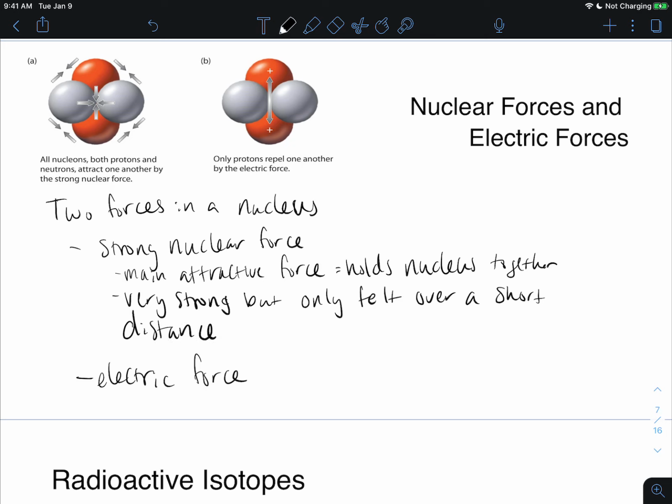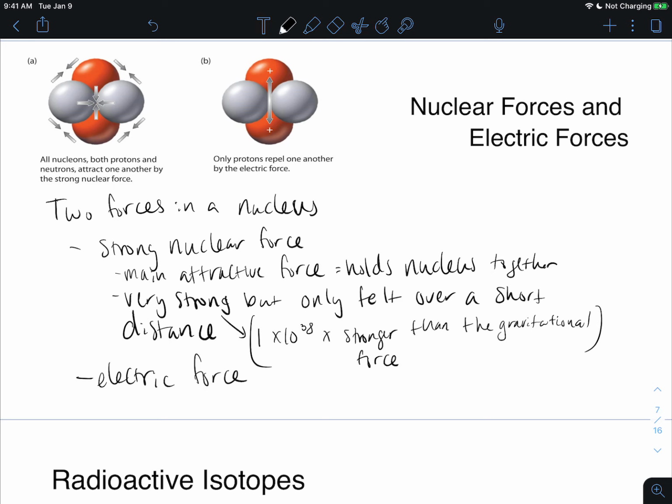By very strong, I mean it is 1 times 10 to the 38 times stronger than the gravitational force, so it is incredibly strong.